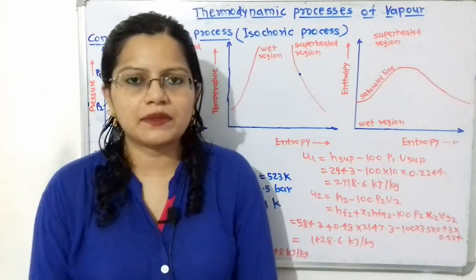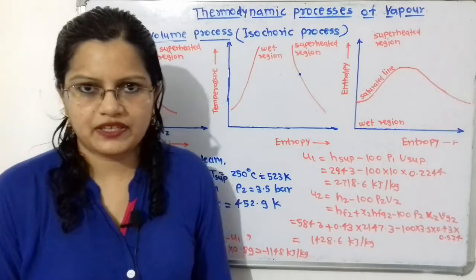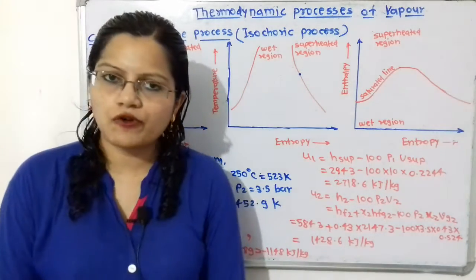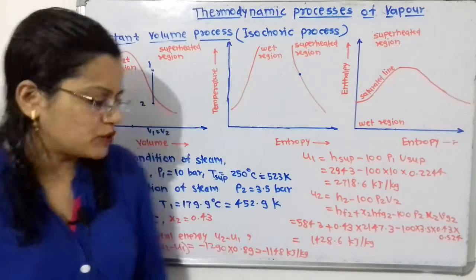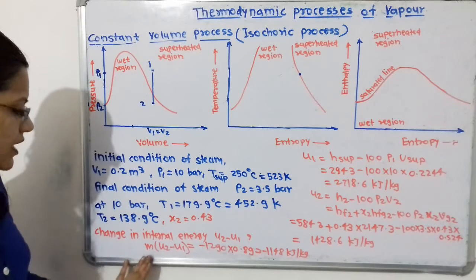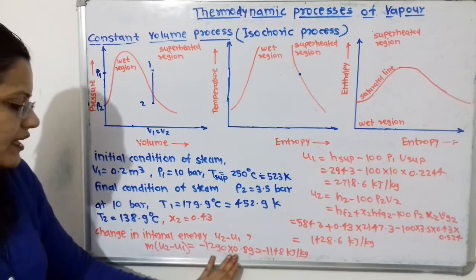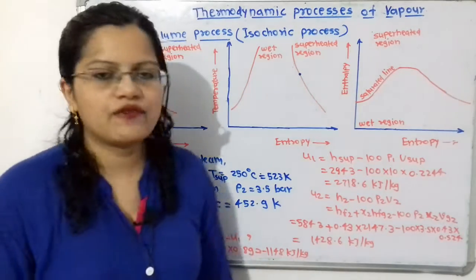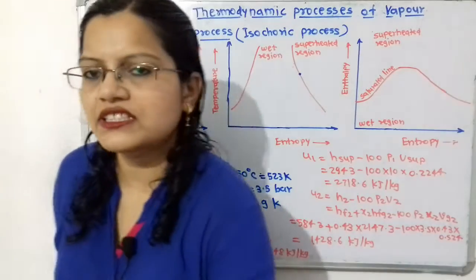Because we have calculated per kilogram, that is U2 minus U1 in kilojoule per kilogram, but the mass is given, that is 0.89 kilogram. So we have to multiply with 0.89. So the total change in internal energy is minus 1290 into 0.89, which is equal to minus 1148 kilojoule. So this is the answer for the change in internal energy.